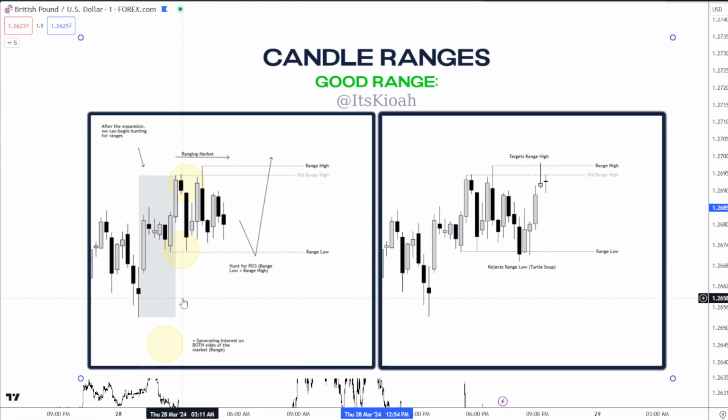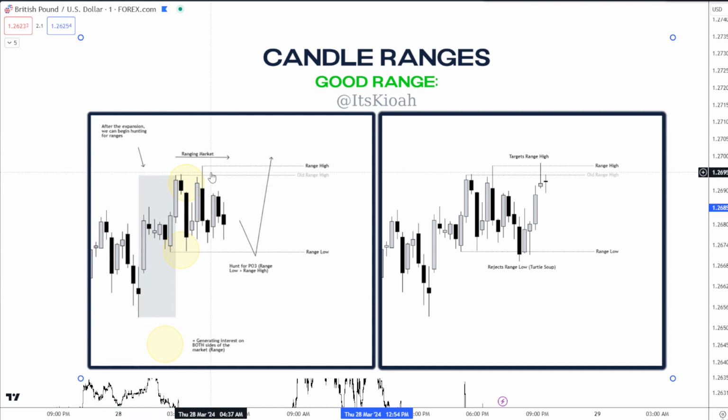So this range, you know that the market is either expanding or it is ranging. Okay, so here on the left we get an expansion up, right? So we can start hunting for ranges after this expansion, because if we are to continue higher, we'll expand, range, expand, right? We can't just expand forever.